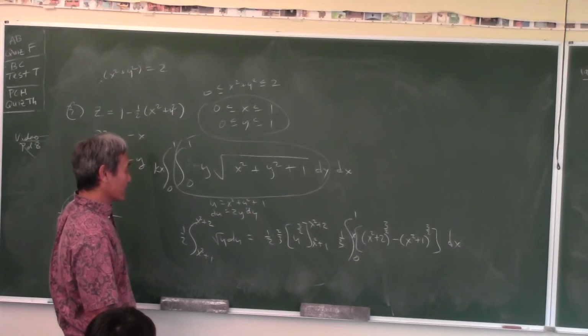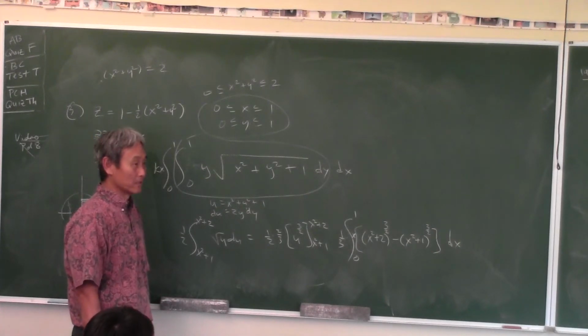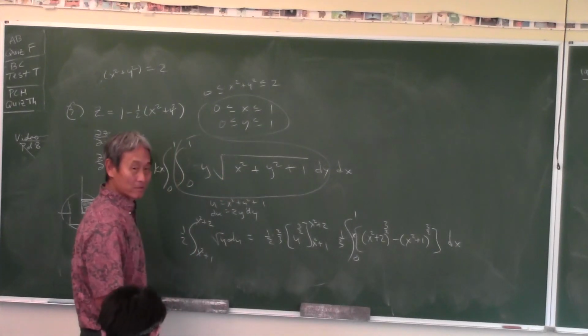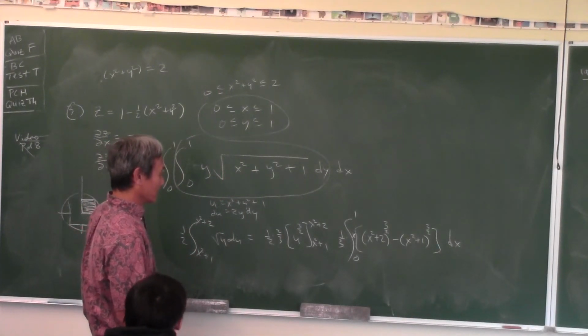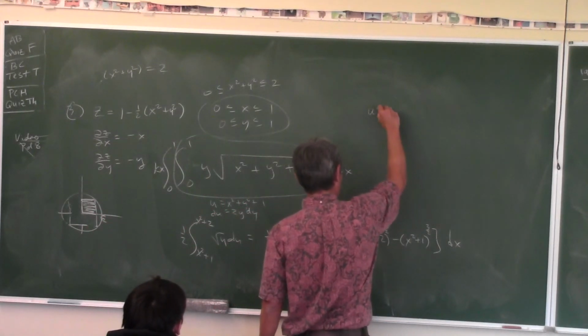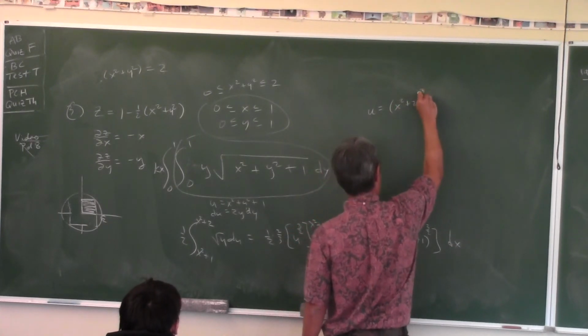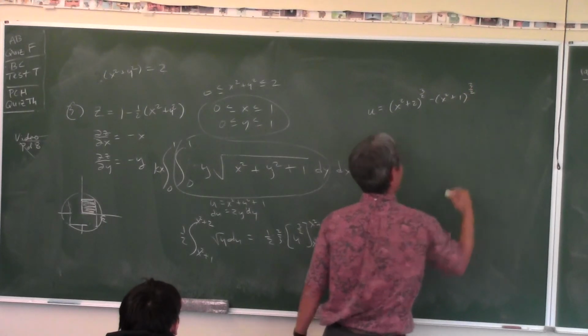And it looks like both of them you can do u substitution. In fact, what the heck, why don't we just do a massive u substitution? Or shall we break it up into two separate integrals? Okay, wait, I'm trying to concentrate. u equals x squared plus 2 to the 3/2 minus x squared plus 1 to the 3/2 power, like that, massive.